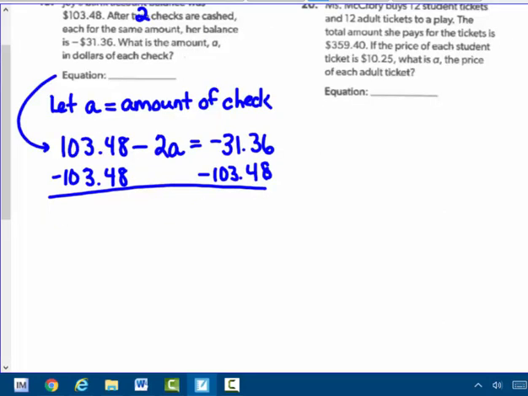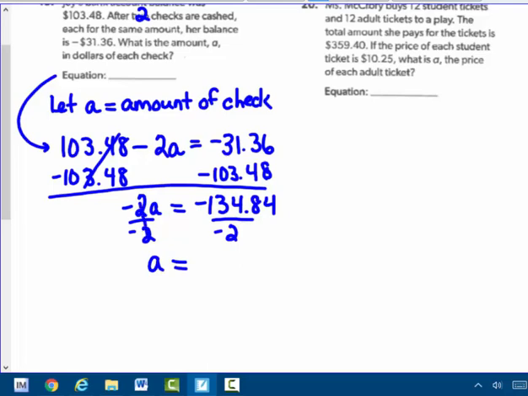After subtracting 103.48 from both sides, you get negative 2A equals negative 134.84. Adding those together, same signs, adding, keep. Dividing by negative 2, you get A equals 67.42.